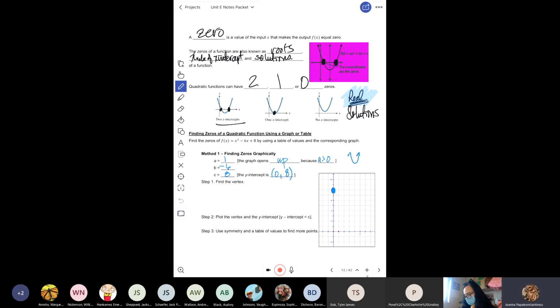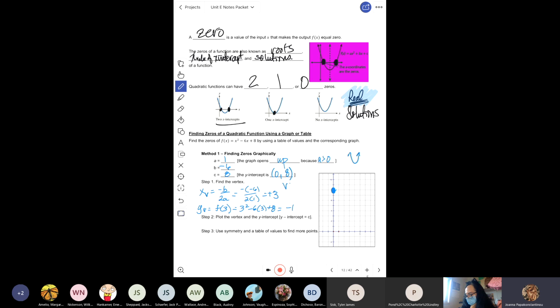So let's find the vertex. The x value of the vertex is negative B over 2A. So negative 6 over 2 times 1, which we said was positive 3. And then the y value of the vertex is the function evaluated at 3. So what is the y value? -1.